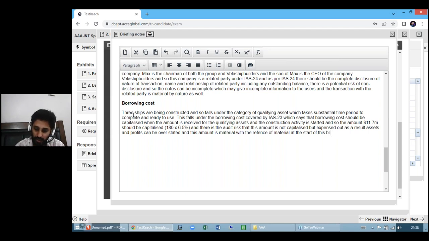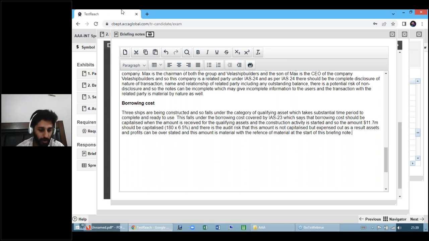At the start of this briefing note, you have already calculated the amount of materiality. So this is the borrowing cost, which is considered to be the significant risk, right? Now it is said to be the significant audit risk since it has the material amount, and there is the application of the accounting standard. And so it is the significant risk.